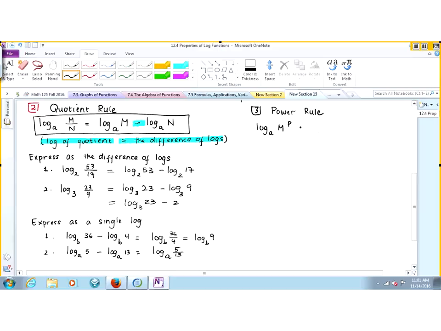If you have log base a of m raised to the p, you could actually bring the power down. So this is p times log base a of m.